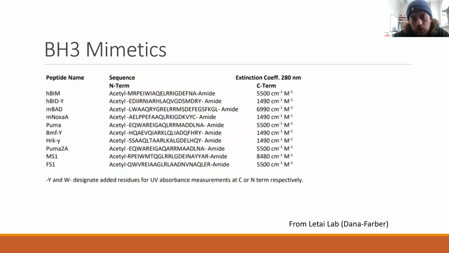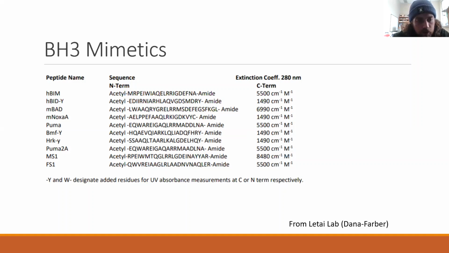So they're not full-length proteins, but they're replicating the BH3 or activating portion of these different proteins. And you can see these are the sequences. We use the same sequences, so if you want to use these, all you need to do is go to like BioBasic or some peptide company and submit this sequence and have them produce the peptide for you. It's relatively simple and straightforward.